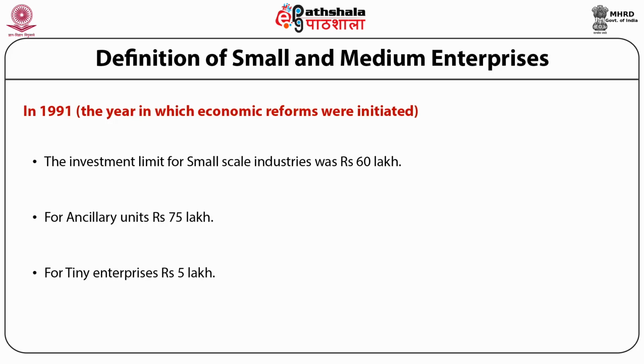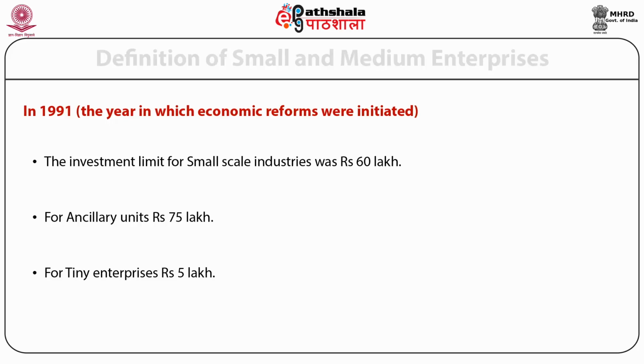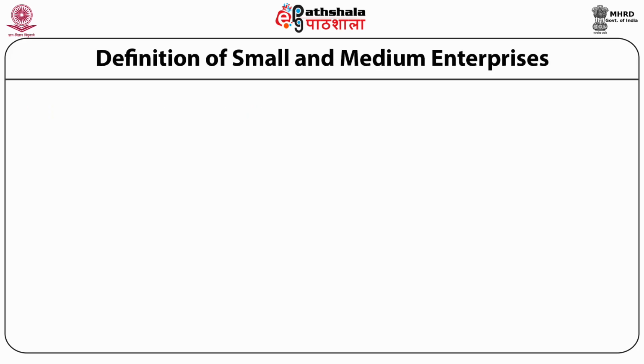Consequent to the enactment of the Micro, Small and Medium Enterprises Development Act, that is the MSMED Act 2006, the small and medium sector was defined as micro, small and medium enterprises with effect from October 2, 2006. Now the new definition was given for the enterprises.